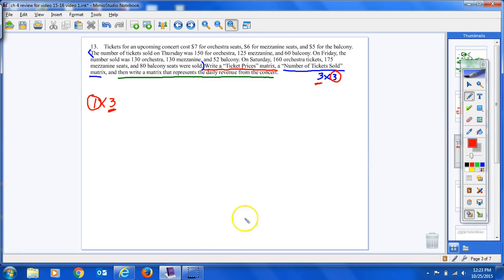So thinking about this a little bit ahead of time, before you just jump right in and start setting up the matrices, this is kind of a test on whether or not you know to set these up in a way that they can be multiplied together, thinking about the dimensions. All right, so now that we know that the ticket prices matrix needs to be a 1 by 3, that makes it really pretty easy to set up.